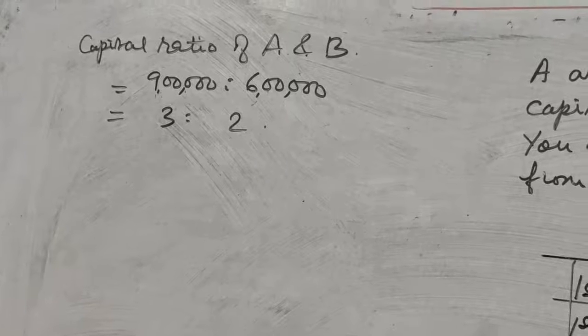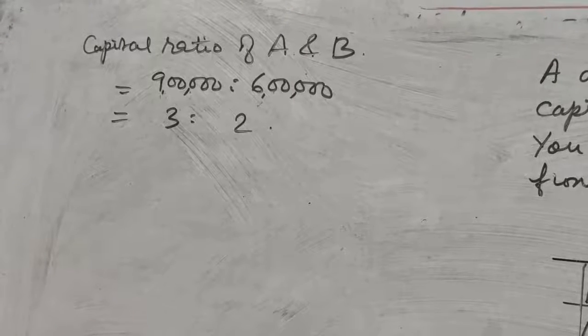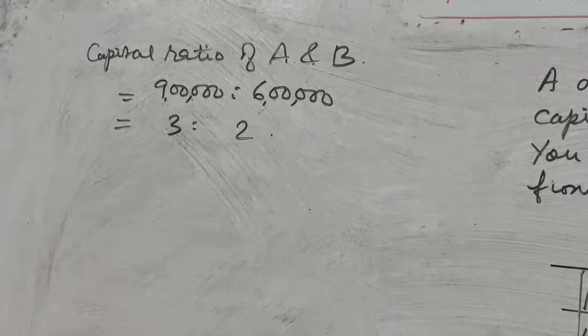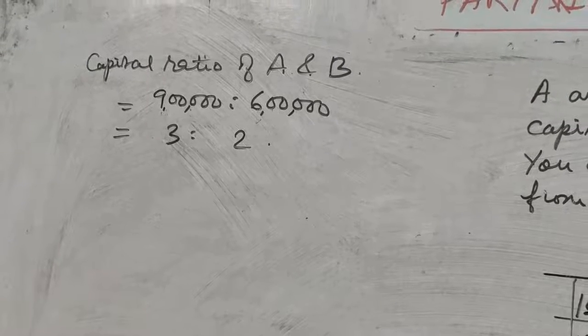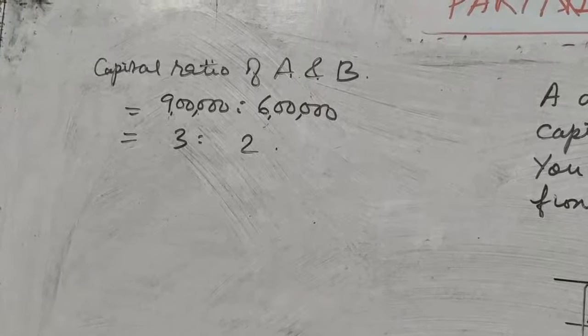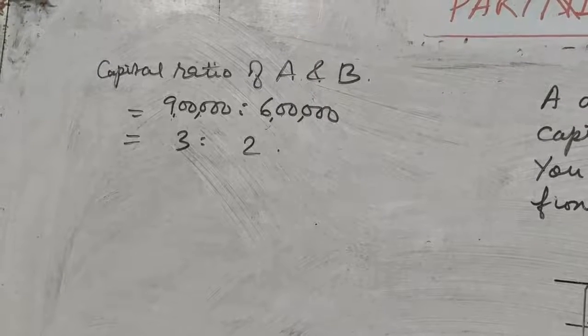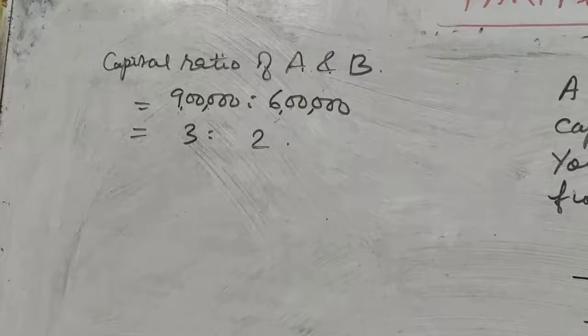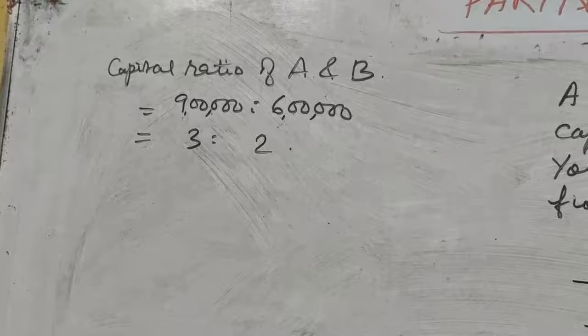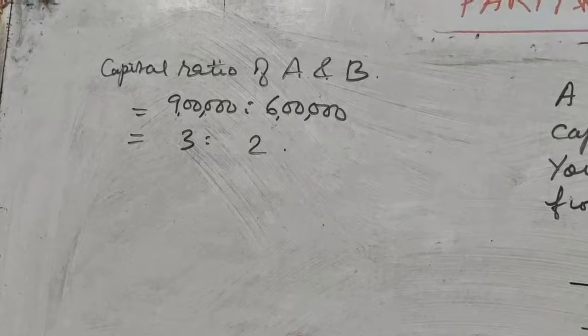But in these cases where you have fluctuating capitals, the capitals employed by each partner are to be found out by the weighted average method. And by the weighted average method, whatever capital employed are there, we have to find out the ratio, and in that ratio, the profits are to be distributed among the partners.